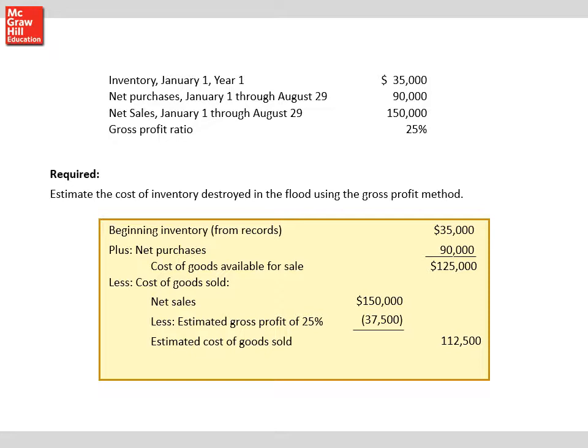Based on what you sold and the typical gross profit you make, you've estimated that you've sold goods that cost you $112,500. So the difference is the cost of the inventory that was destroyed, $12,500. Again, this is all estimating, and it's not an official method to be used to create financial statements. It's mainly used to do estimating of inventory.